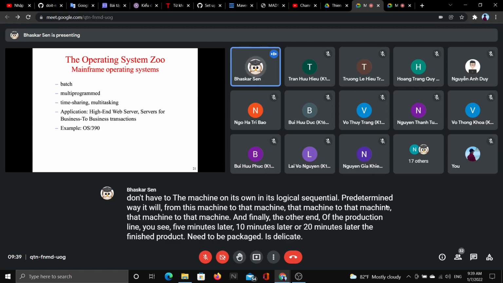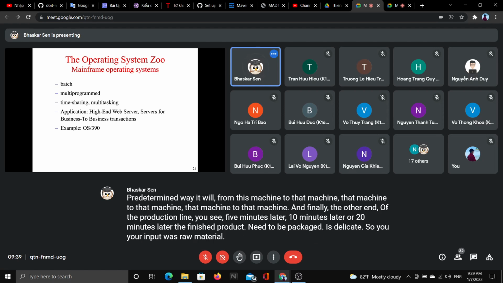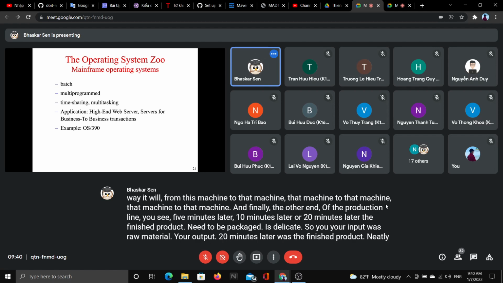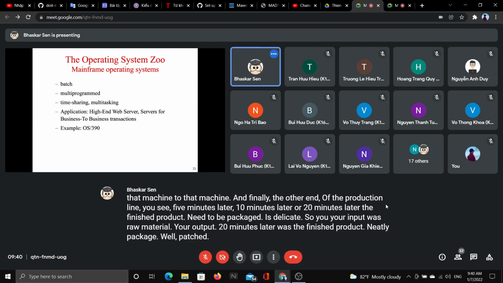So your input was raw material, and your output 20 minutes later was the finished product, well packaged. So that is another example of batch systems.